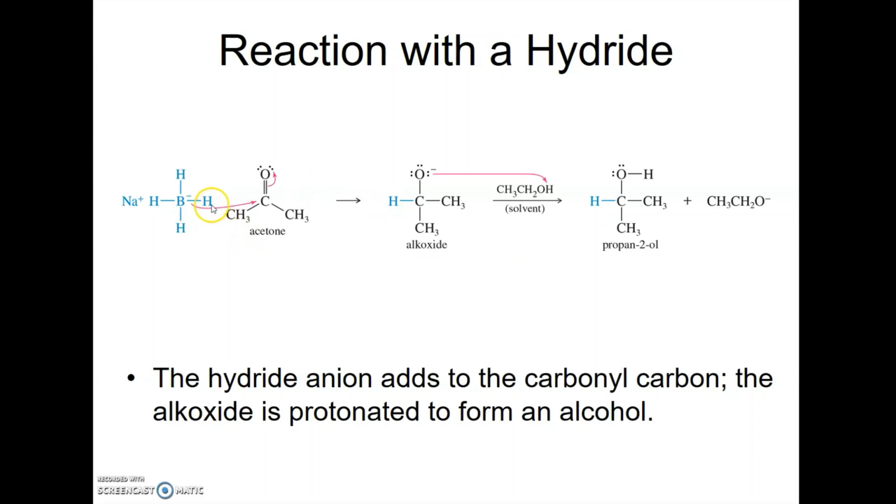So the hydride, meaning hydrogen with a lone pair and a negative charge, is going to attack that carbon, and when it attacks that carbon, again it forms an alkoxide ion, and all you need is something, like I said, with an acidic proton in the solution, so this oxygen can act as a base and take a proton from whatever you have in the solution, in this case ethanol, to give you an alcohol. And this alcohol, when you look at it, is a secondary alcohol because a hydride is used.